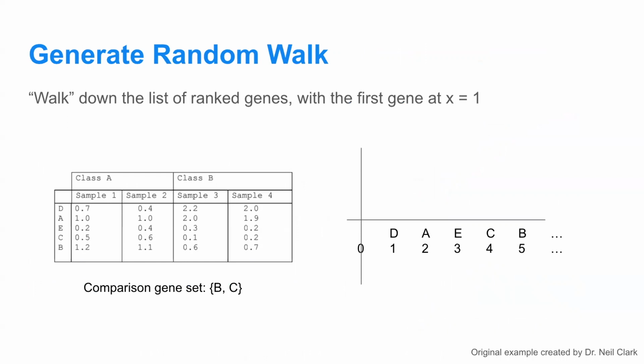But returning to our very basic example, we can start generating the random walk for this data that we have. Basically, we're going to start walking down this list of ranked genes with the first gene at the first position.